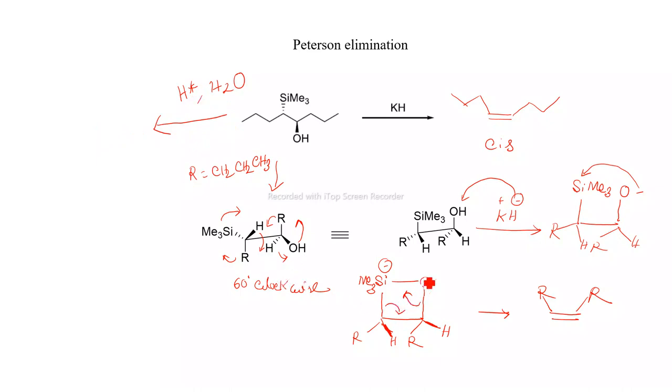This is syn-periplanar geometry, because syn-periplanar means SiMe3 and OH are on the same side. But that time SiMe3 and OH would be on different sides, I mean at a 180-degree angle to each other. That's why I call it anti-periplanar geometry, and this is syn-periplanar geometry because the dihedral angle is 0 degrees. So any guess, any answer?